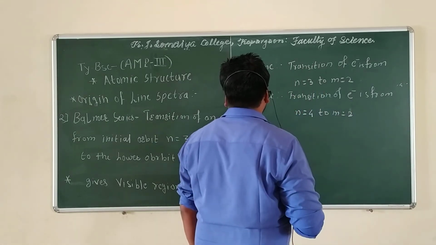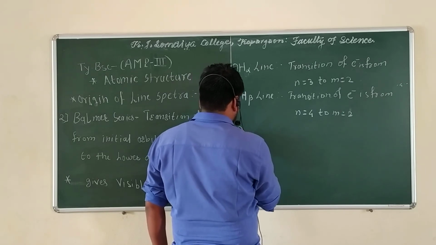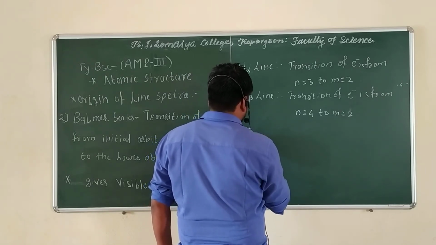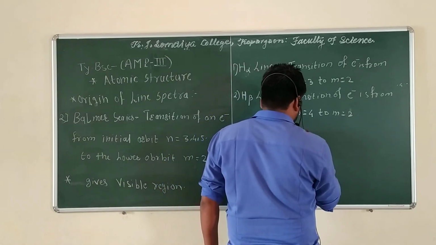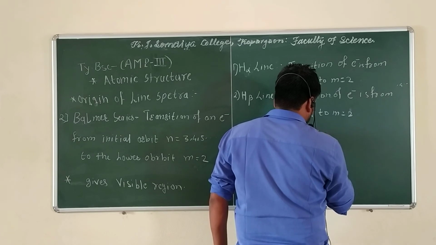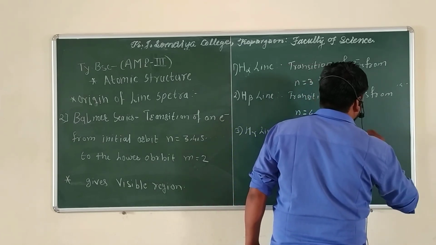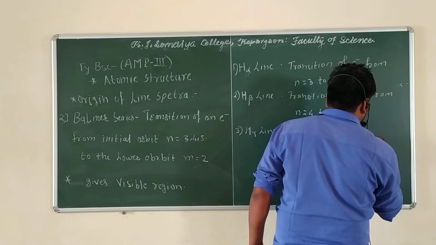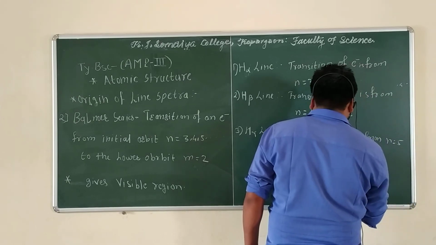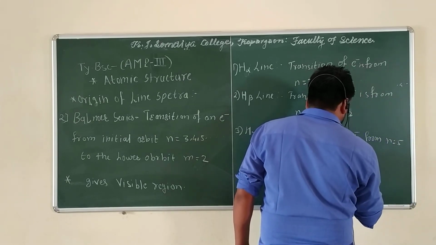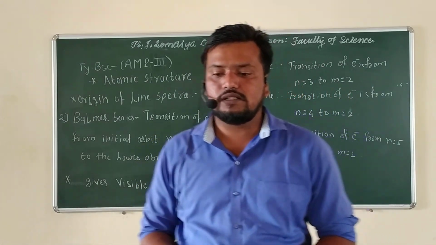Now next after H alpha and H beta is the H gamma line. The transition of an electron is from n equal to 5 to m equal to 2, that is from a higher energy orbit to a lower energy orbit.